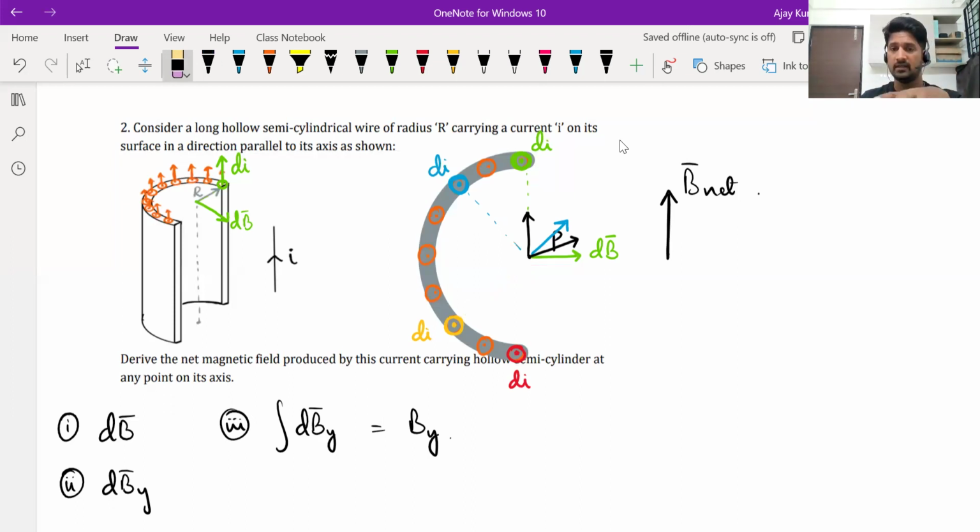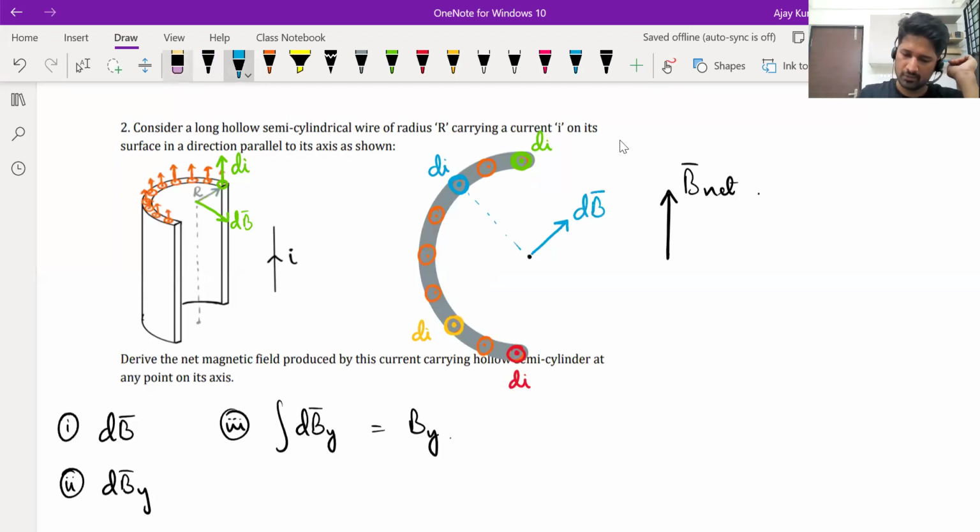Because usually when you are deriving an expression that needs to be integrated, you should never take the first element or the last element. You should take a random element in between. Limits will be from first to last. Okay. So let's consider that blue stream of current. We know it creates some magnetic field dB this way.